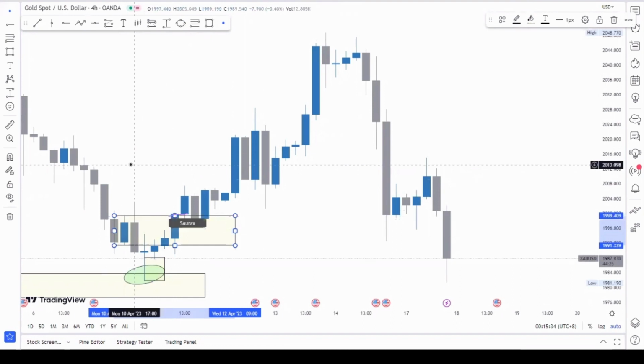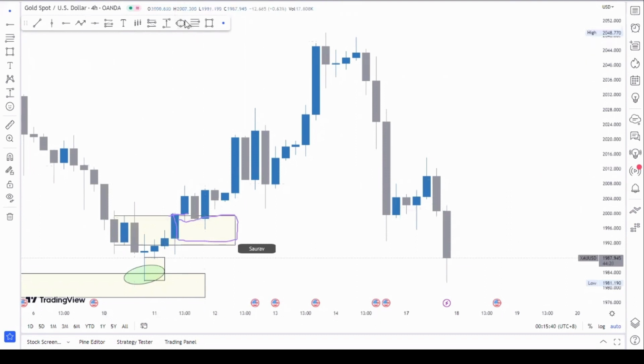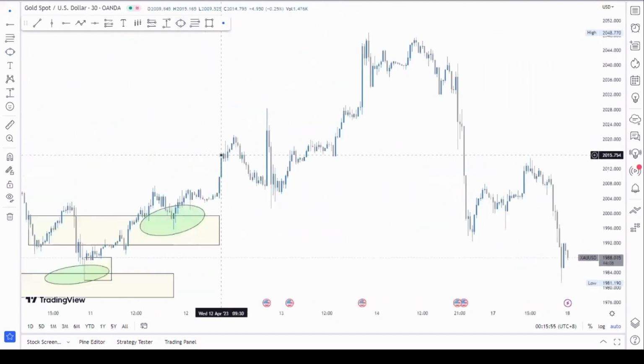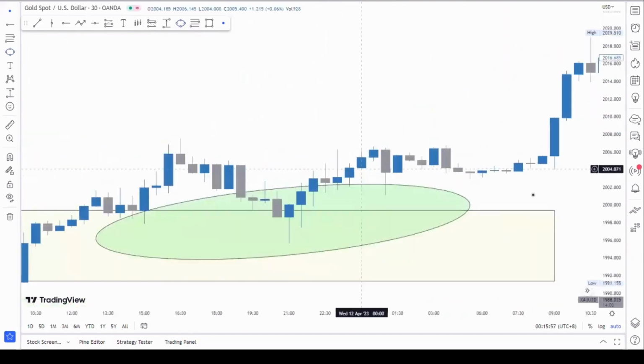So after this breaks, we will look at this zone only. That's correct, exactly. This is the one that you need to focus on, our CMP. Then we go to M30, right? Yes, we go to M30.